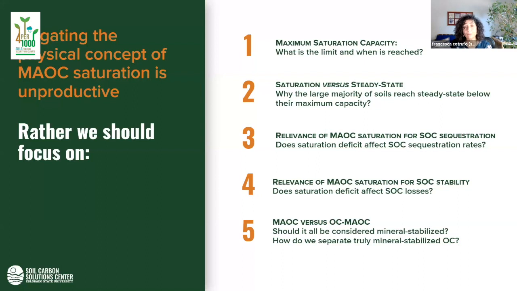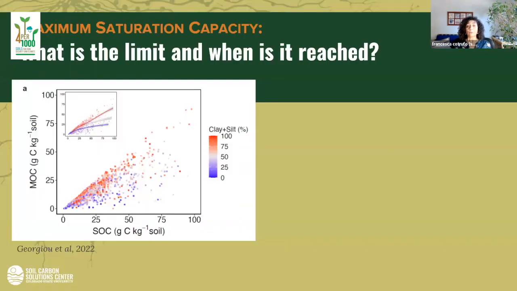So I will now go to this point. First of all, what is the upper limit? Now, Georgiou actually found a limit that is similar to Fang. Again, those are global analyses, which vary, of course, on the amount and reactivity of the clay and silt in the soils. And so the more the clay and silt, the more you can accumulate.